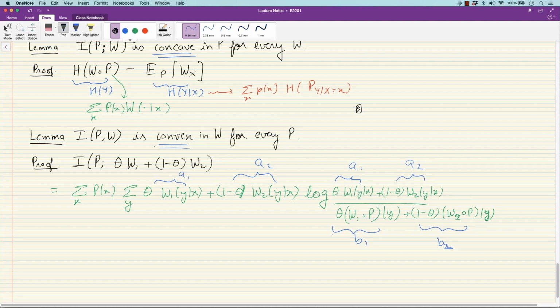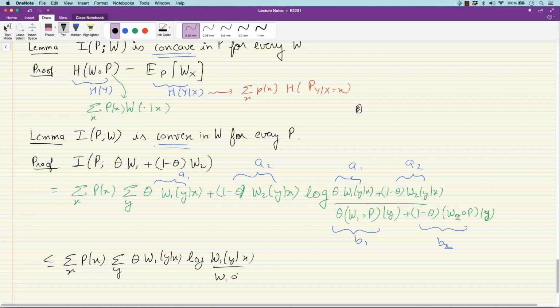By the log sum inequality, this is less than or equal to the summation over x of P(x), the summation over y of theta W1(y|x) log of theta W1(y|x) by theta W1(P)(y), so that theta cancels.